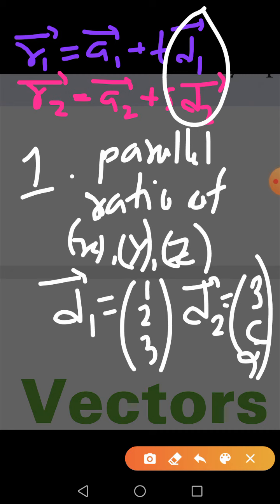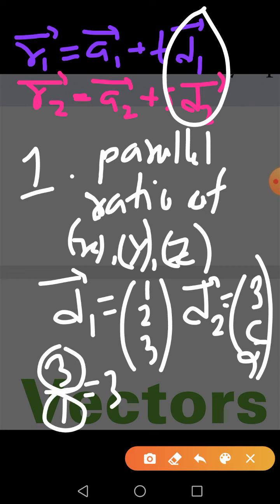Let's see. The ratio of x is 3/1, or it is 3, or you can take 1/3. The format has to remain the same. If you take d1/d2, then in all cases you have to take d1/d2. If you take d2/d1 in one case, then you have to take d2/d1 in all other cases. Like here I have taken d2 divided by d1. So these are for the x values.